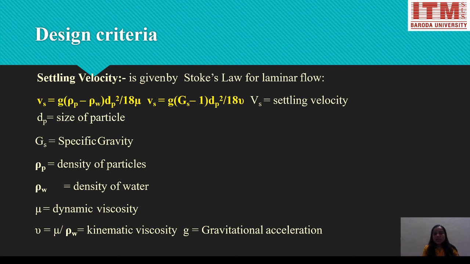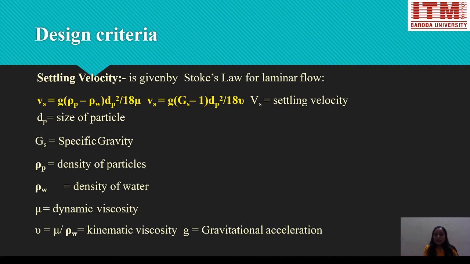Another equation is Vs = g(Gs − 1)dp²/18ν. So whether you have the density of particle and water and μ, the dynamic viscosity, or you have the specific gravity, the size of particle and the kinematic viscosity, by either of these two equations you can determine settling velocity.